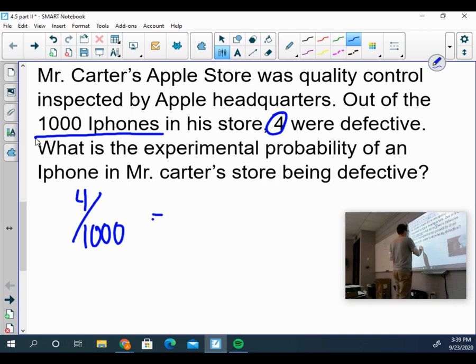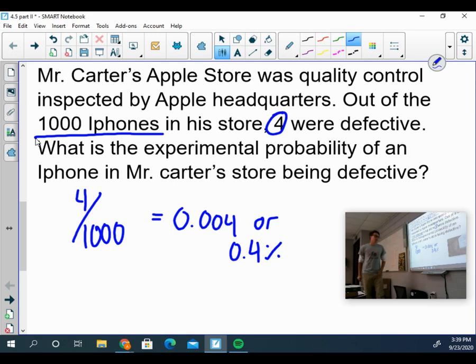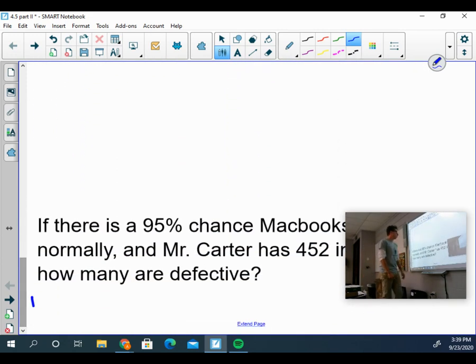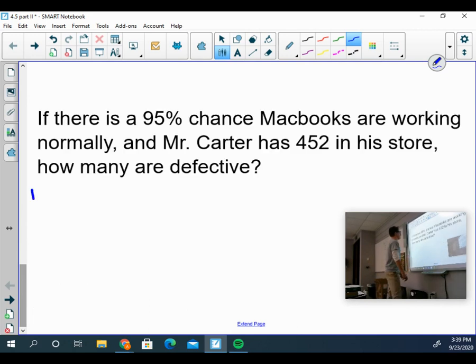Maybe you wrote it as a decimal, or roughly 0.4%. Okay, probably nothing new to you, nothing crazy. Let's continue. Let's say, continuing in Mr. Carter's Apple store, there is a 95% chance MacBooks are working normally.